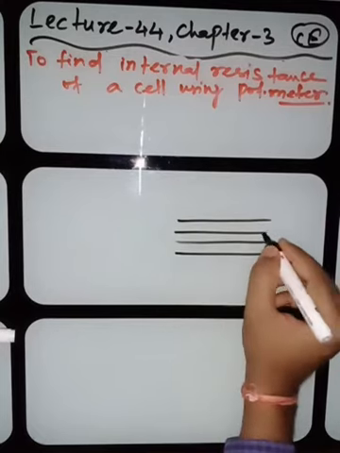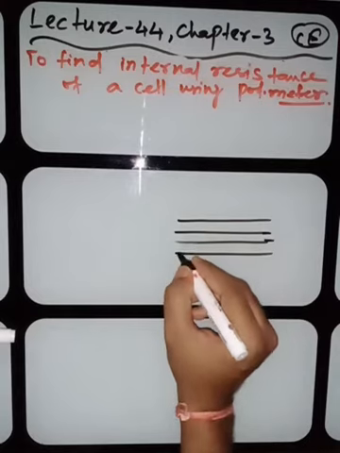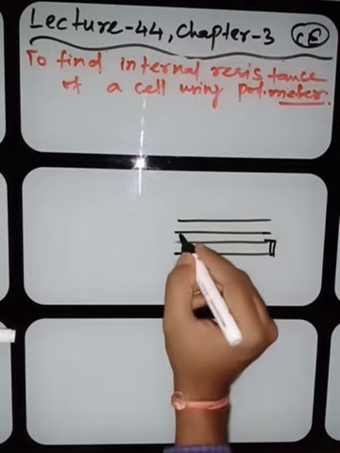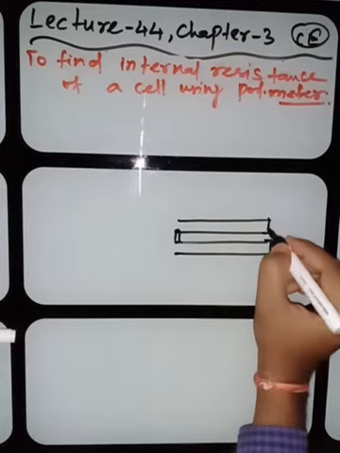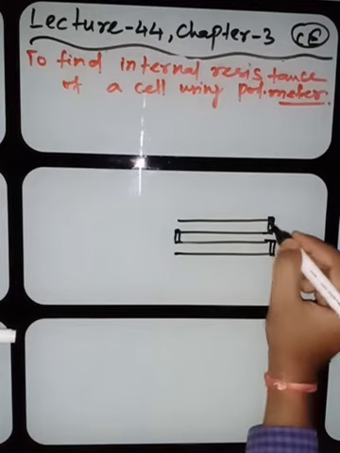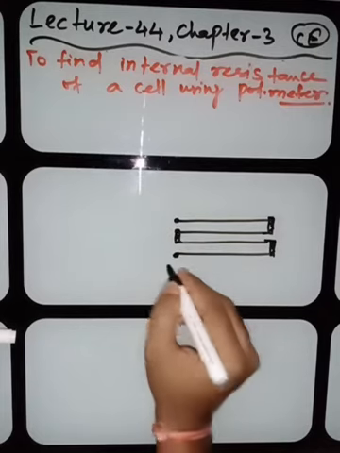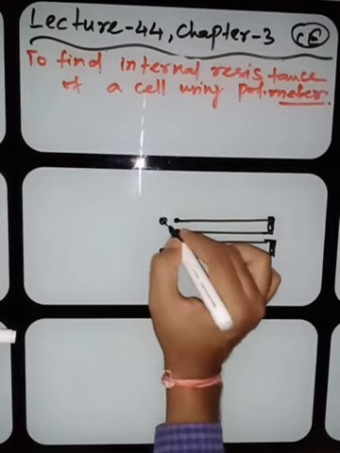This is the potentiometer wire. What we have to do? We have to connect it with the metal strip. Now all are in series. This is the point P, this is the point Q.